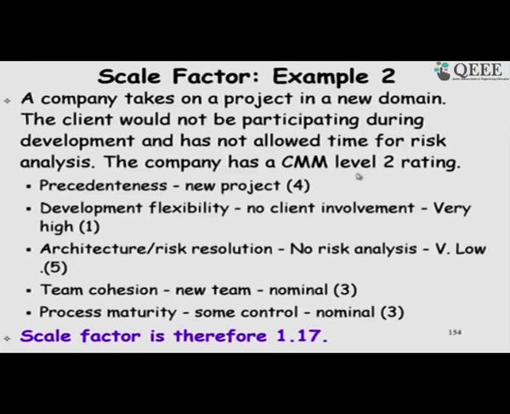The company has a CMM level 2 rating and takes on a project in a new domain. The client has not participated during development, has not allowed for risk analysis.